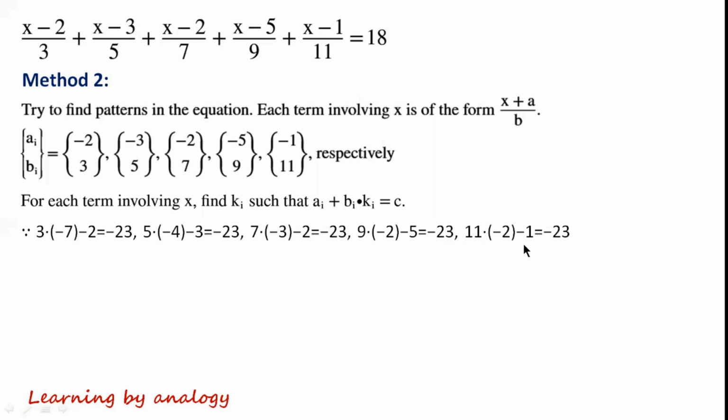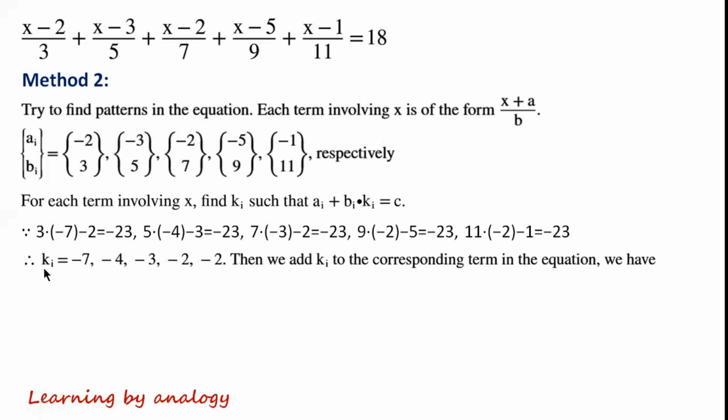Now look at a5, b5, which are -1, 11. 11 times -2 minus 1 equals -23. So c is indeed -23 in this case.